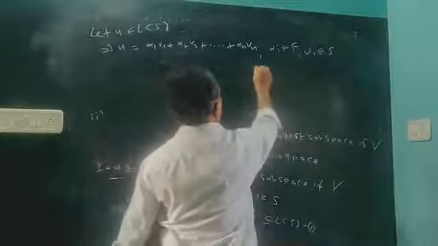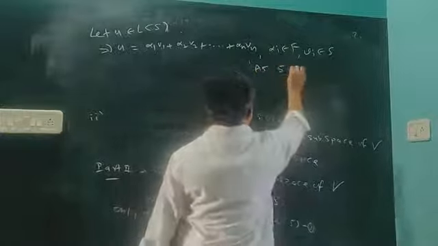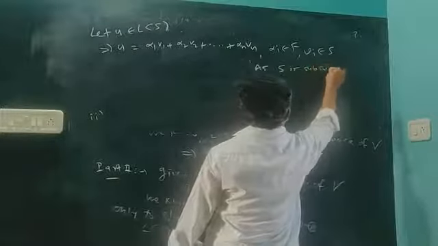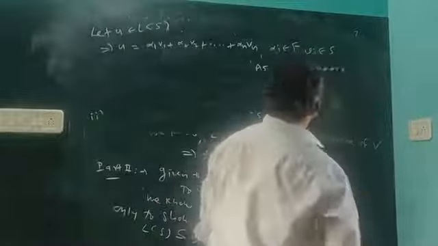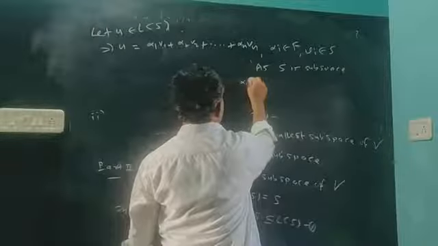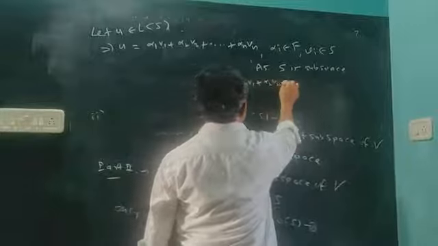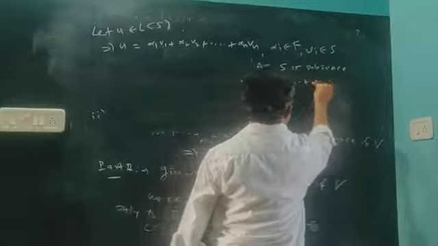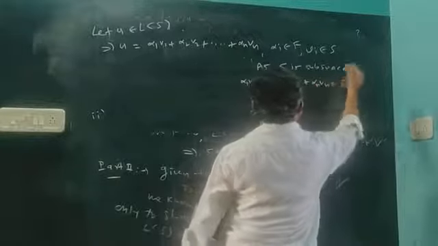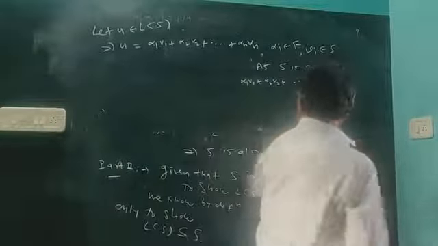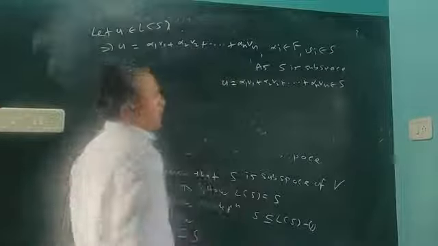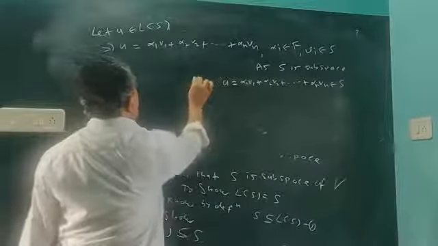Now, as given to you, S is a subspace, so the subspace condition holds: alpha u plus beta v. Alpha is a scalar and vi is a vector, so by the subspace condition, alpha 1 v1, alpha 2 v2 up to alpha n vn are elements of S. That is u.